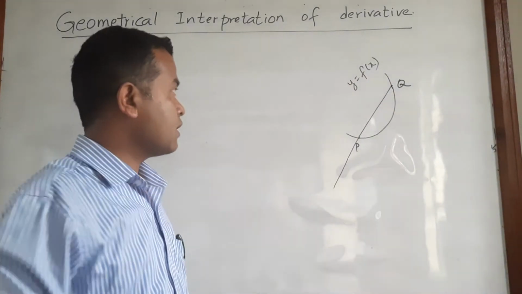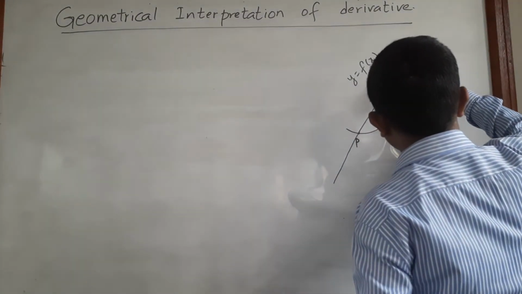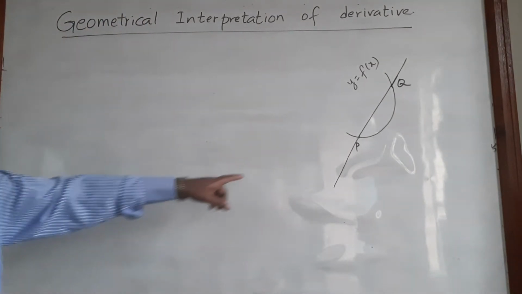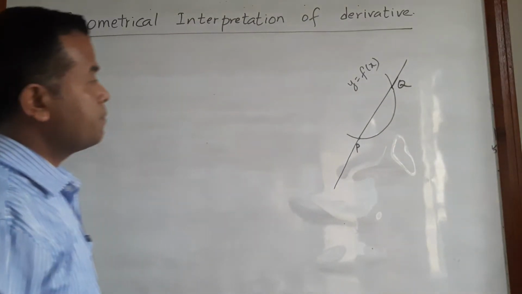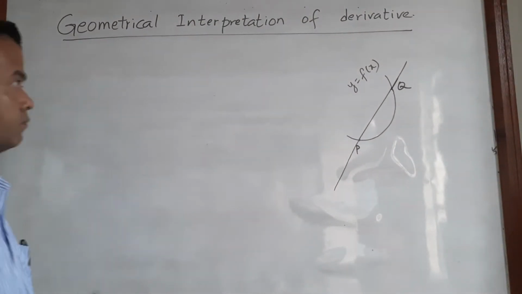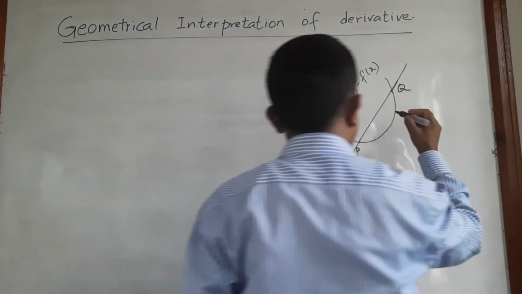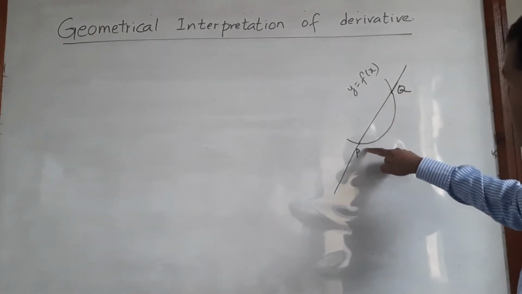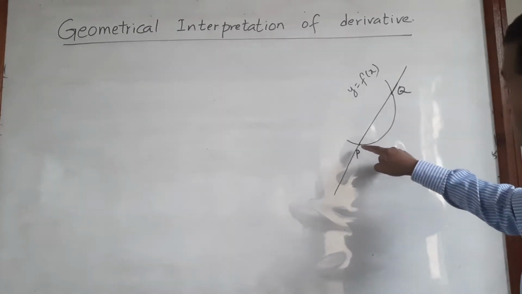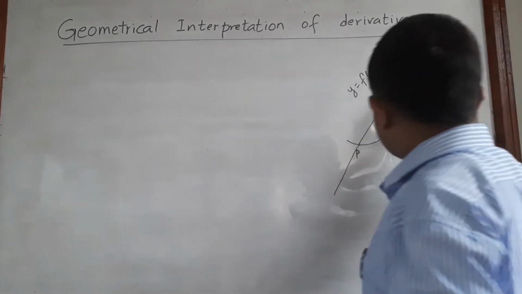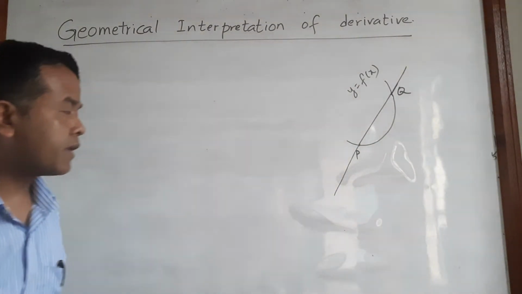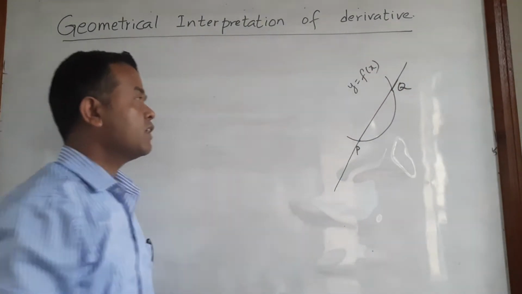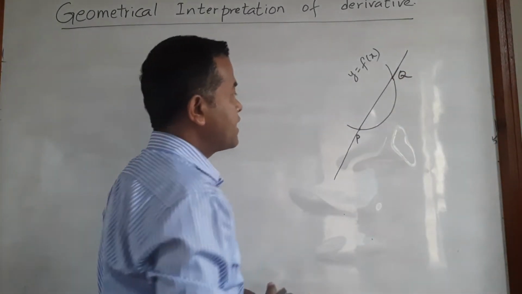This PQ is the secant line joining the points P and Q. When Q moves along the curve and approaches P, the secant PQ rotates about P, and when Q ultimately coincides with P, the secant PQ becomes the tangent at the point P.